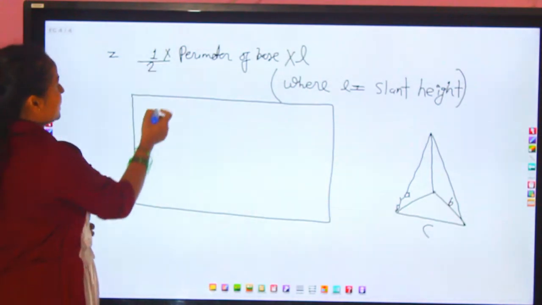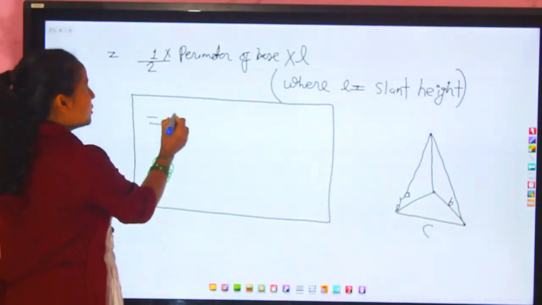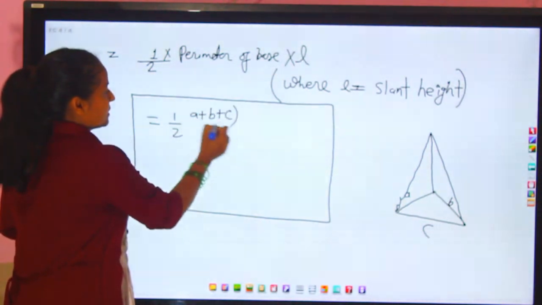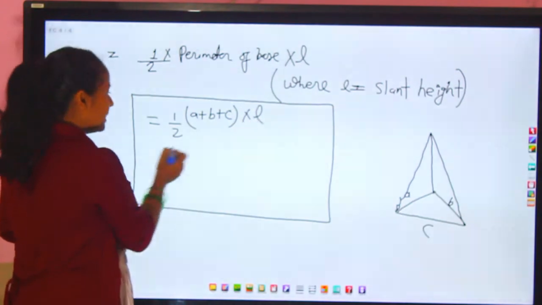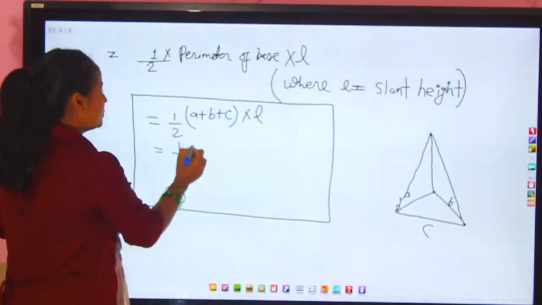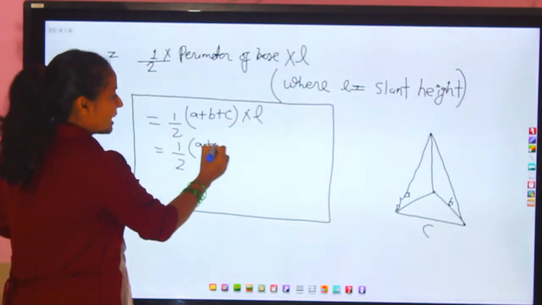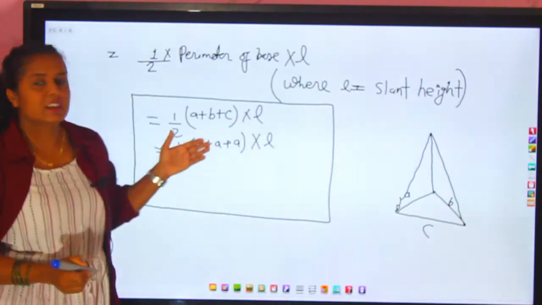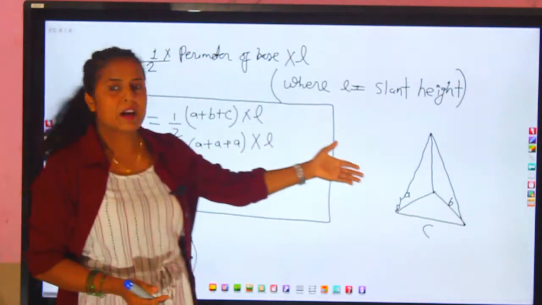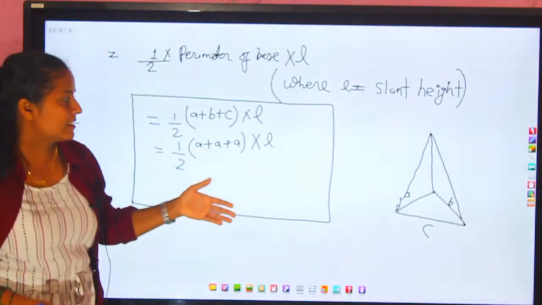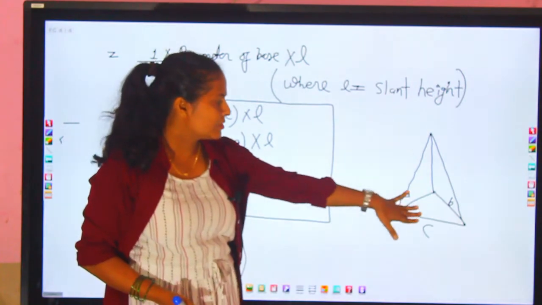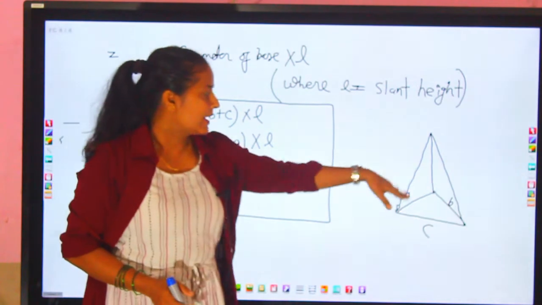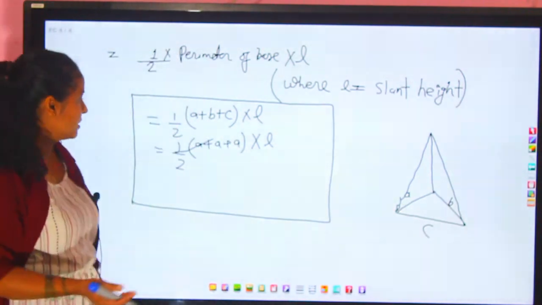By that time the lateral surface area will be 1/2 (A plus B plus C) into L, meaning 1/2 (A plus A plus A) into L, because while the pyramid is right, the base will be a regular polygon, that means all sides will be equal, and all lateral faces also will be equal.